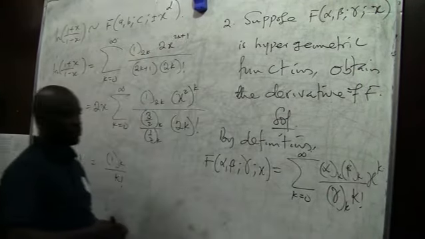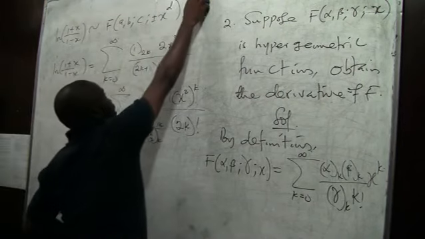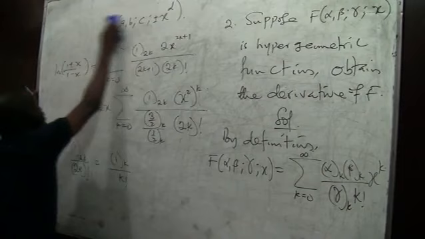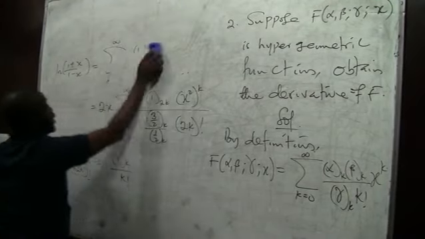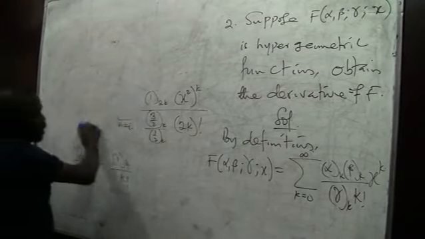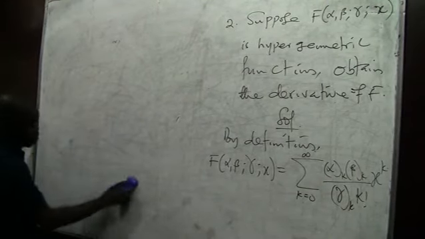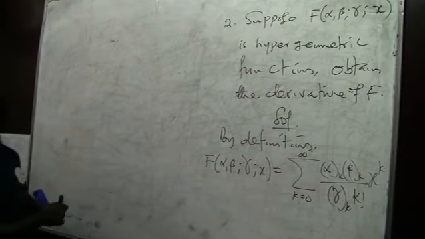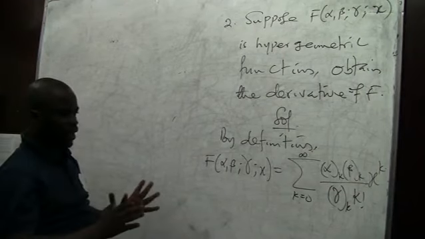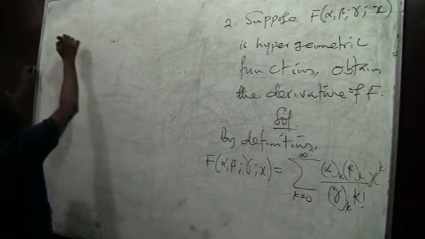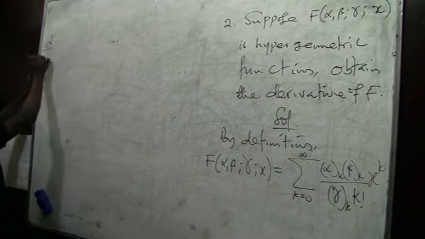That's what we have. The variable here is x, while the others are parameters. Alpha, beta, gamma are parameters of the hypergeometric function. How do we now carry out our differentiation? Our major focus will be on x. Let us obtain the derivative.